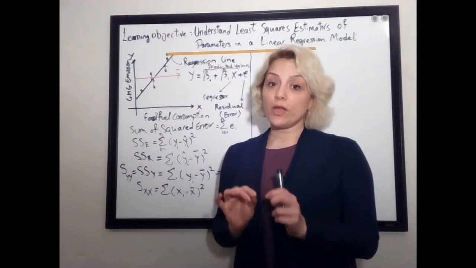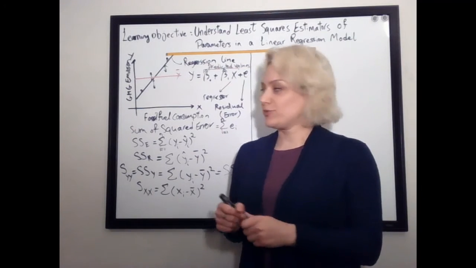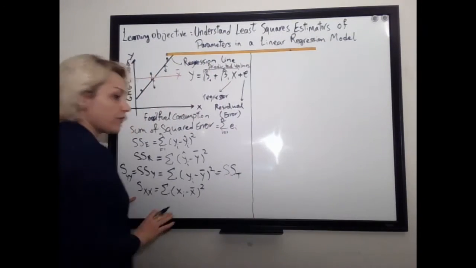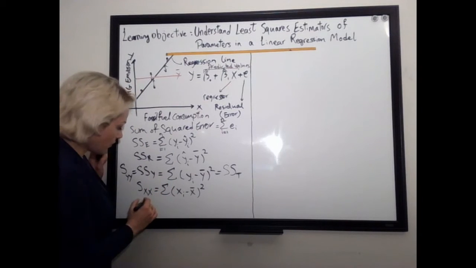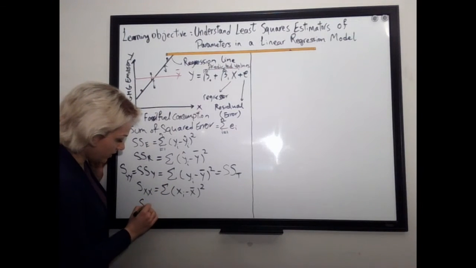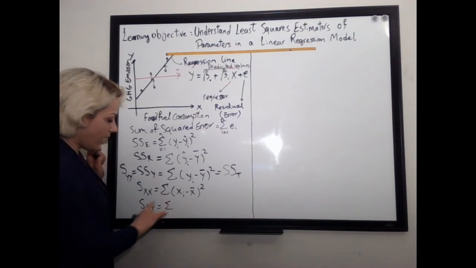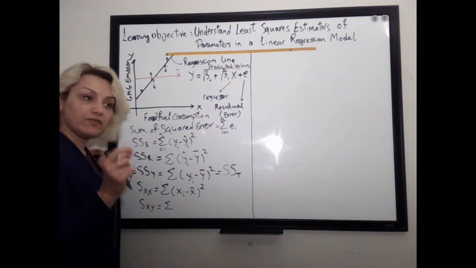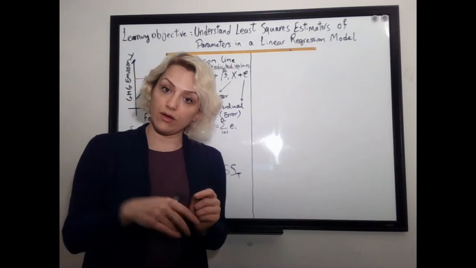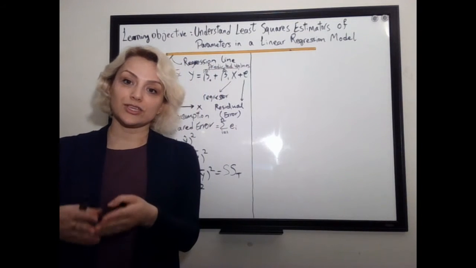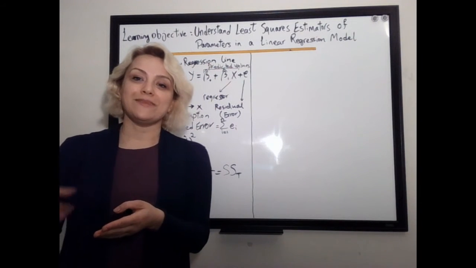Okay, we have one more sum of a square that we need to find out, and it's the sum of a square of the xy. So I would write down here, the sum of a square of the xy is equal to sigma. I need to consider the deviation of x from the mean of the x, and also the deviation of the y from the mean of the y.